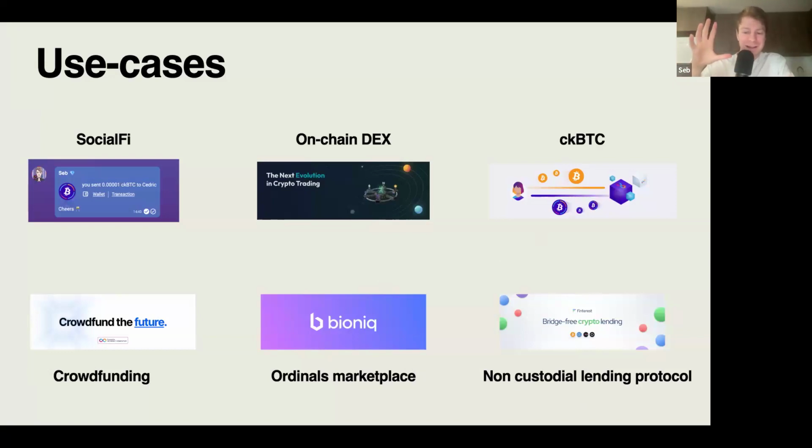Non-custodial lending protocol. So most people that hold Bitcoin, they don't do anything with it. They essentially just store it in a wallet and just wait for the next 10 or 20 years if they believe in it. A non-custodial lending protocol would essentially make it possible for people that own Bitcoin to lend their Bitcoin to people that would need to borrow money.